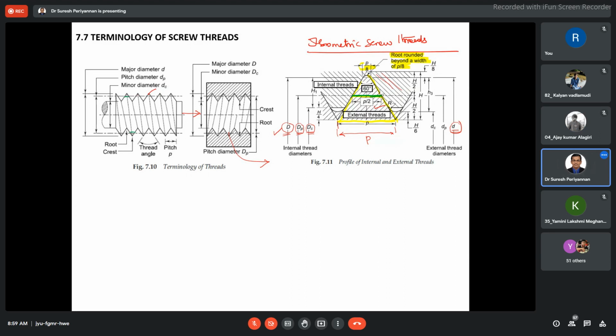Coarse threads are also less likely to seize during tightening. Seize means failure, so there are fewer possibilities of failure. And coarse threads have more even stress distribution; the stress distribution is better and uniform in coarse threads.